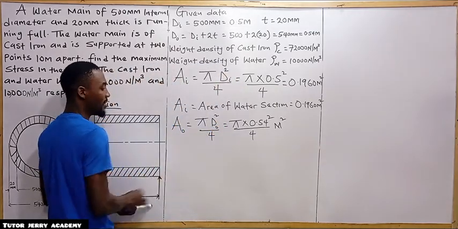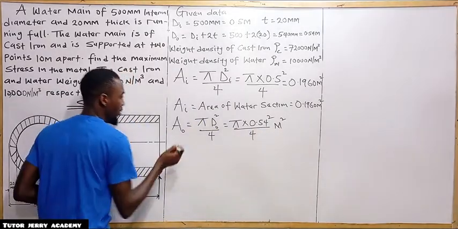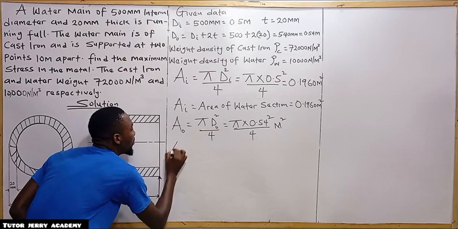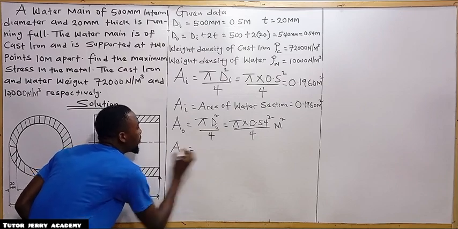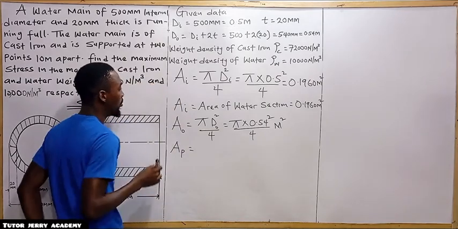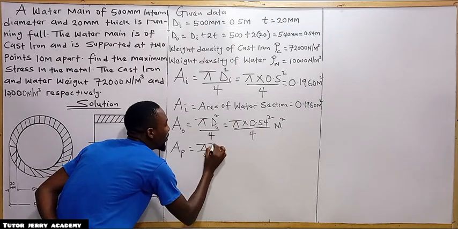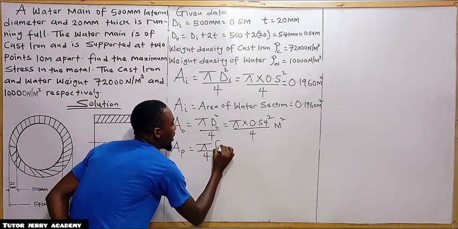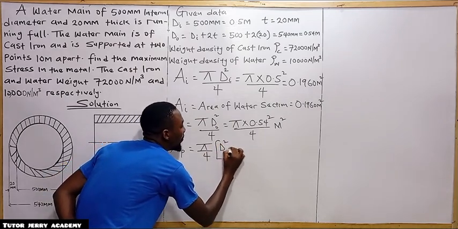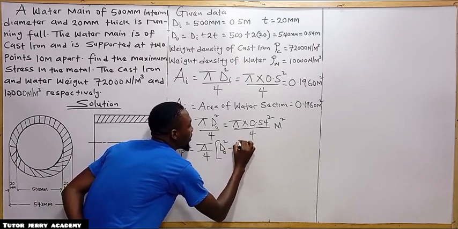But please, you can just write it in full. All right, area of the pipe section, A subscript P, will be equal to pi all over 4 into d naught squared minus di squared.